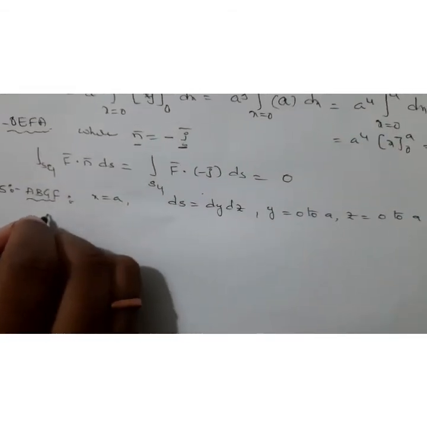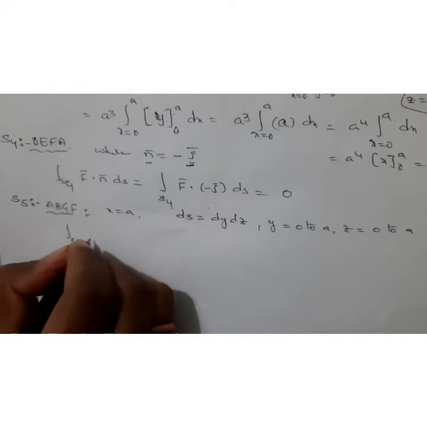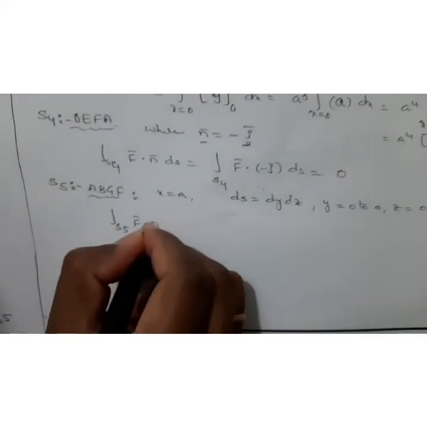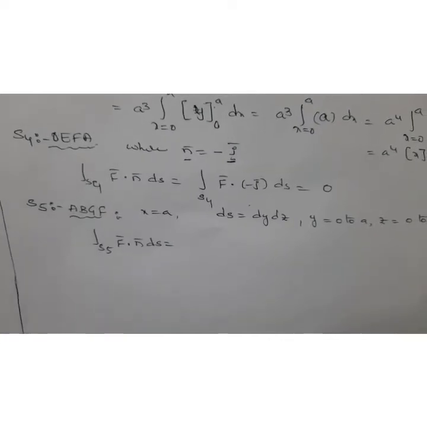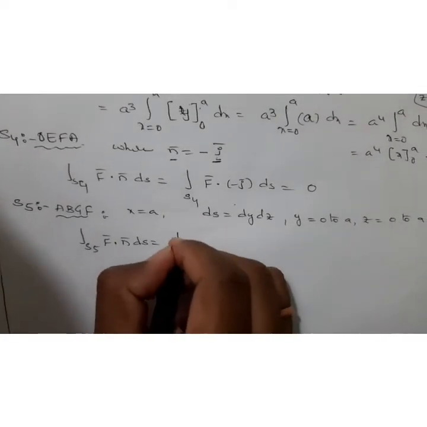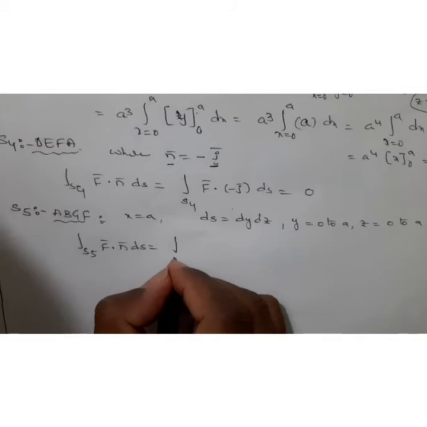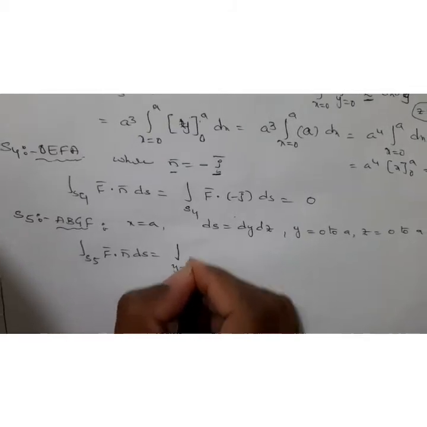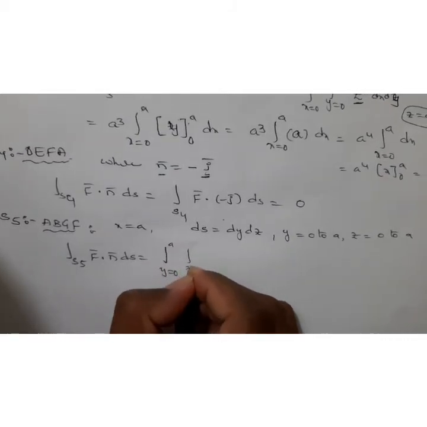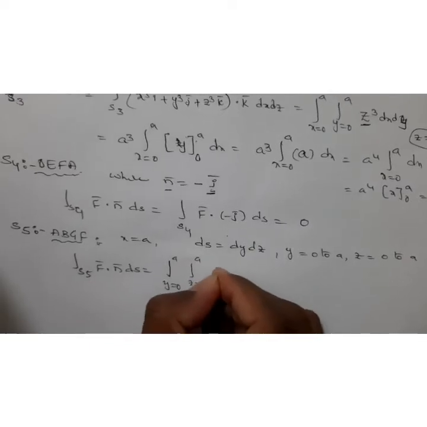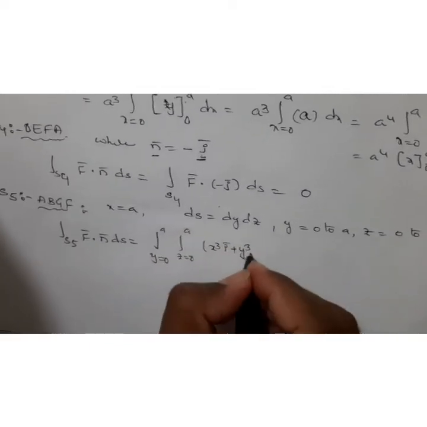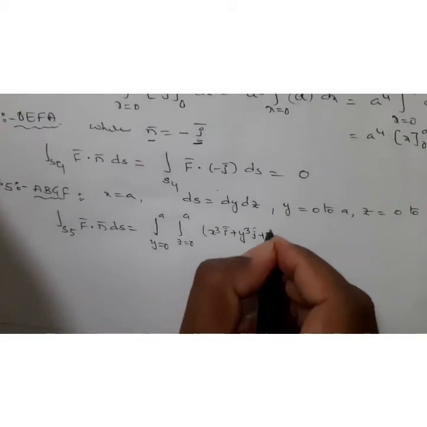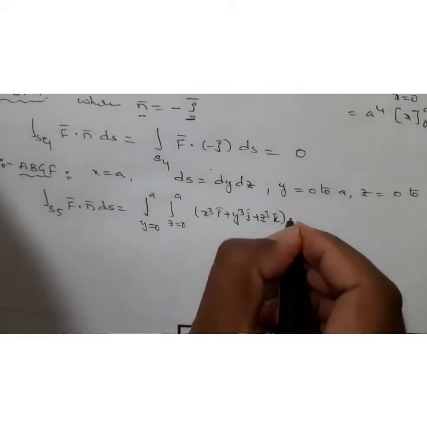Integral over S5 f bar dot n bar into ds is equal to integral over y is equal to 0 to a, z is equal to 0 to a, f bar value is x cube into i bar plus y cube into j bar plus z cube into k bar dot n bar.